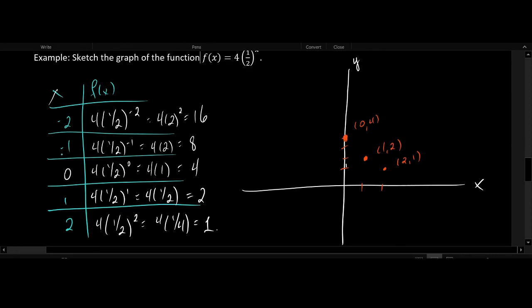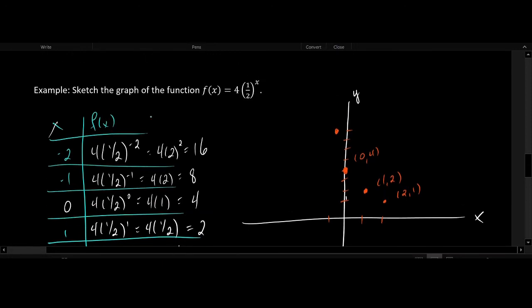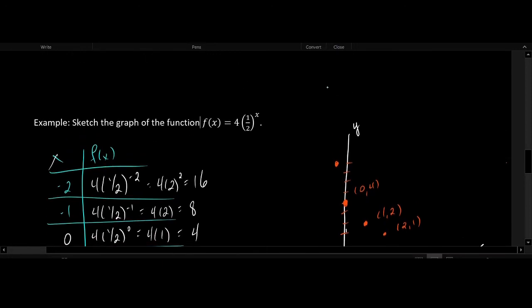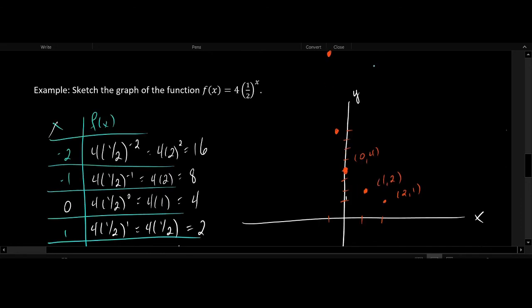And when x was equal to -1, y was equal to 8. And then 16, once again, 16 is somewhere way up there. Let me just draw the dot up here, yonder. -2, 16. So let's connect the dots.